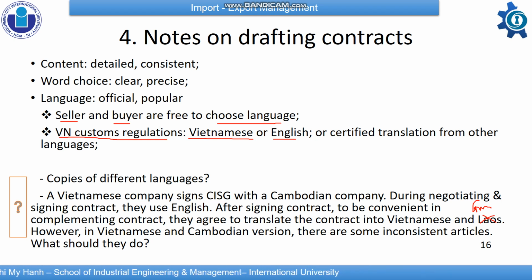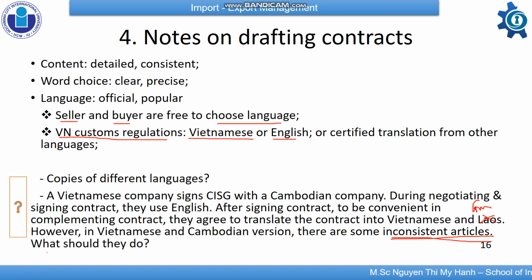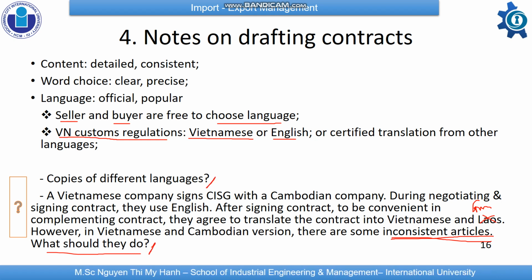However, in the Vietnamese and Cambodian versions, there are some inconsistent articles, so it means the meanings of those articles are not consistent. So what should they do in this case? So please help me answer these two questions.